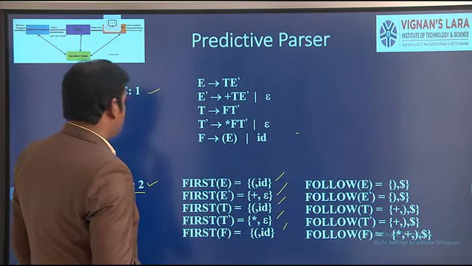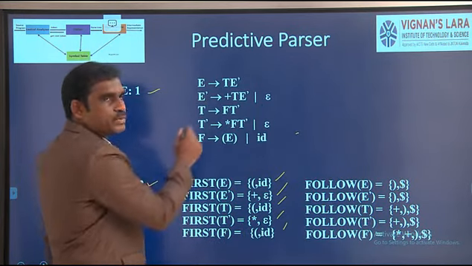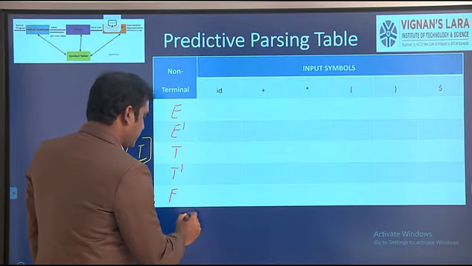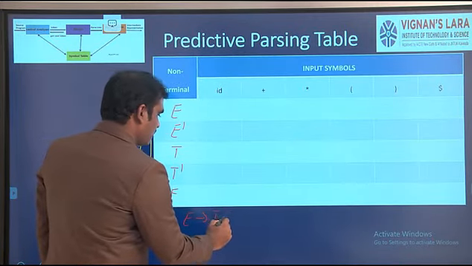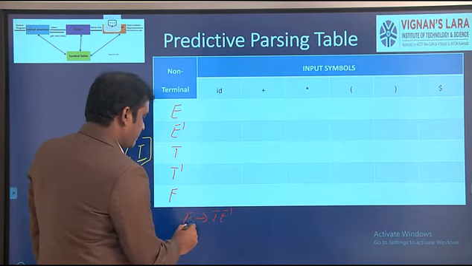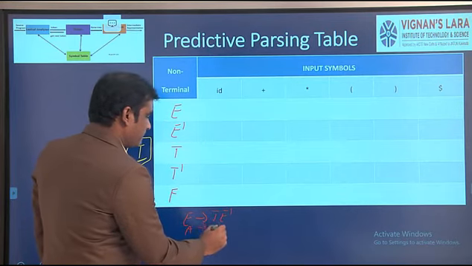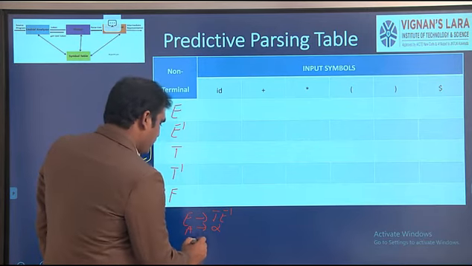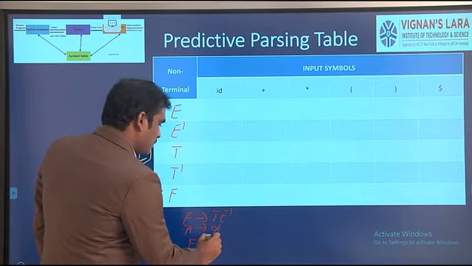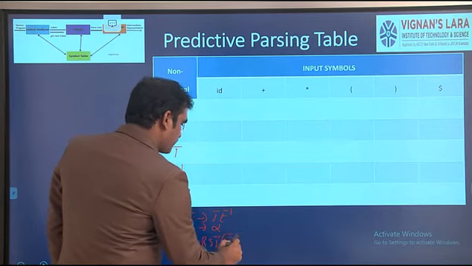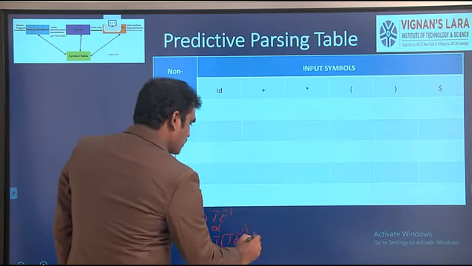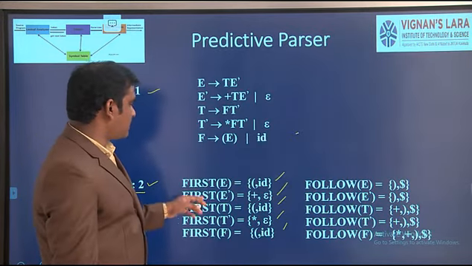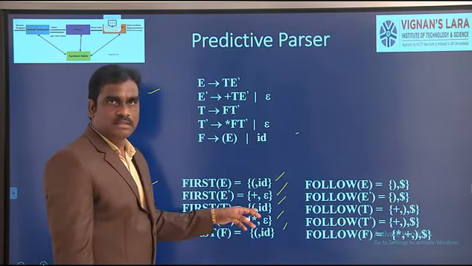So take the first production. What is the first production? E to T E dash. Now compare it with A to alpha, then find first of alpha. What is alpha? T E dash. So first of T, what is the answer? First of T is open parenthesis comma id.